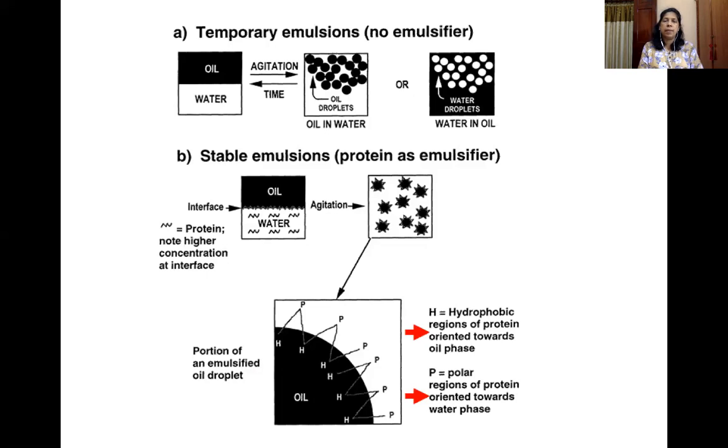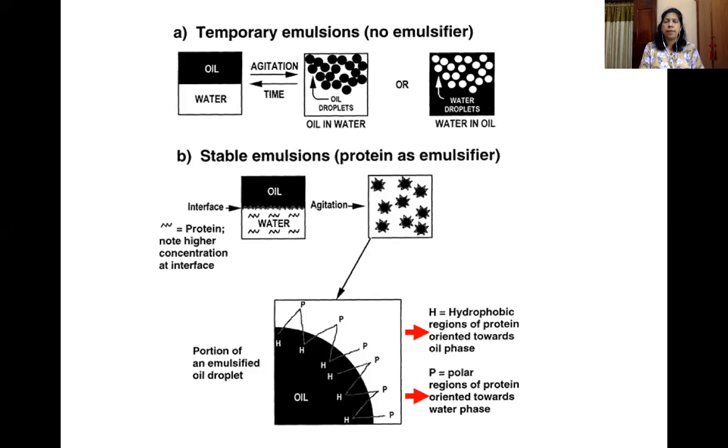In the case of a stable emulsion, if you use protein as the emulsifier, the protein can go to the interface, and as I mentioned in the earlier picture, the proteins are covering the oil droplets. So finally protein and water can stay together, because the protein bonds with both the oil and the water. For an emulsified oil droplet, the hydrophobic regions of the protein are oriented towards the oil phase, and the hydrophilic or polar regions are oriented towards the water phase.